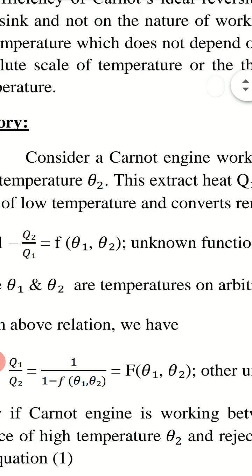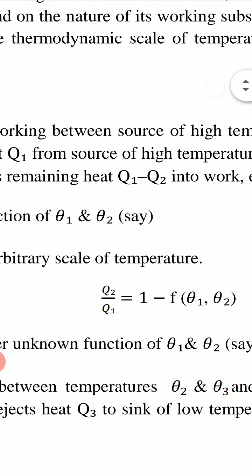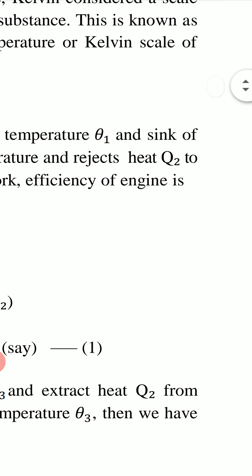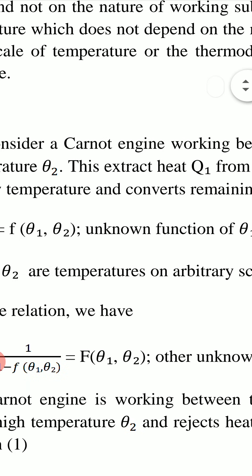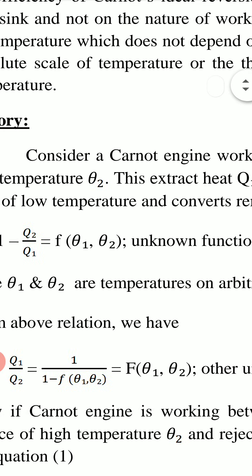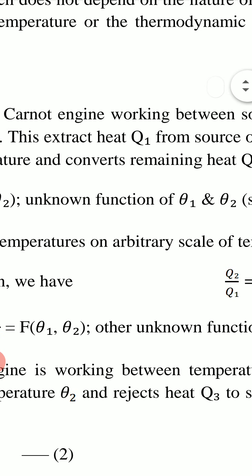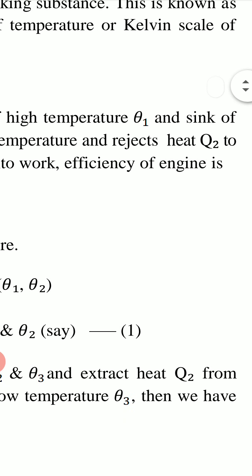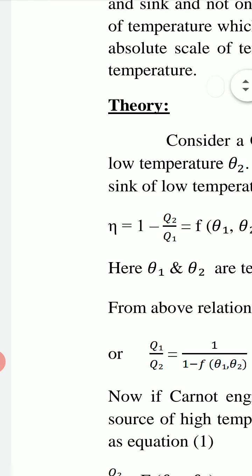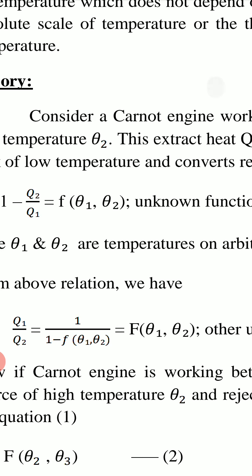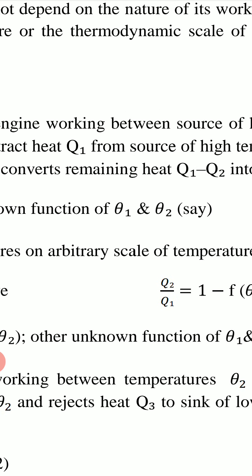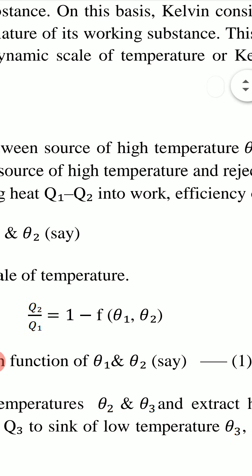Consider a Carnot engine which is working between source of high temperature θ1 and sink of low temperature θ2. This extracts heat Q1 from source of high temperature and rejects heat Q2 to sink of low temperature and converts remaining heat, which is Q1 minus Q2, into work.